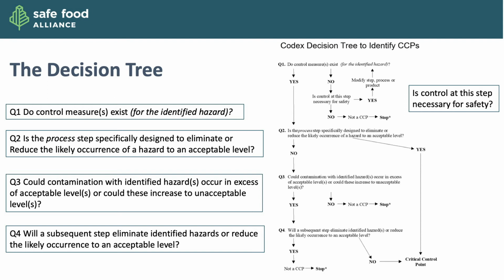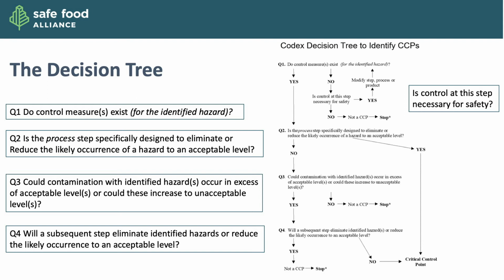Question number 3: could contamination with identified hazards occur in excess of acceptable levels, or could these increase to an unacceptable level? So, could the hazards identified increase so that they are no longer at safe levels?